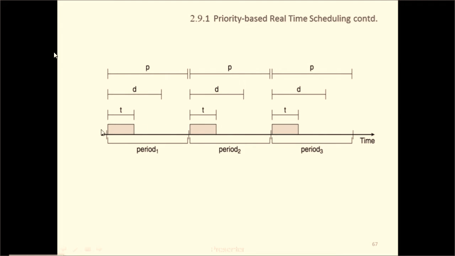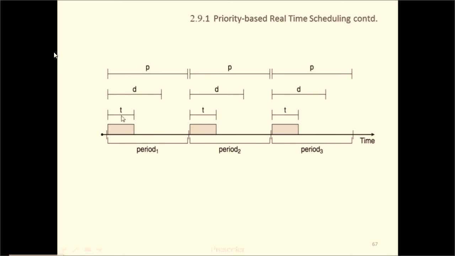Whenever CPU access is given, it takes T units of time. And what it says is that the system must give me T units of CPU access within D duration. For example, say every 100 milliseconds the process comes back to the system asking for CPU time.